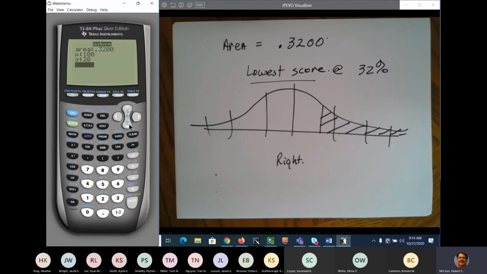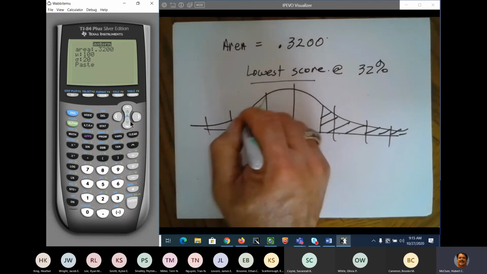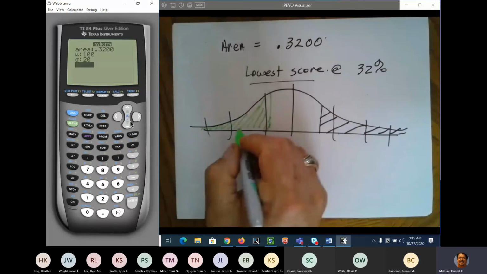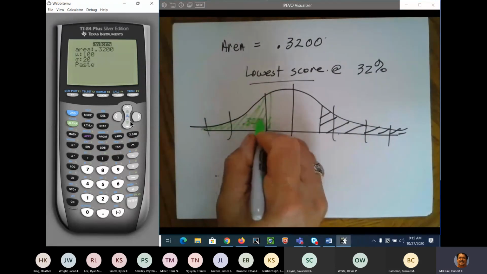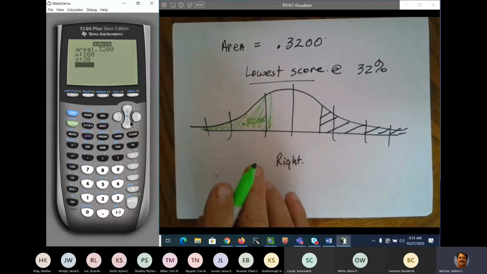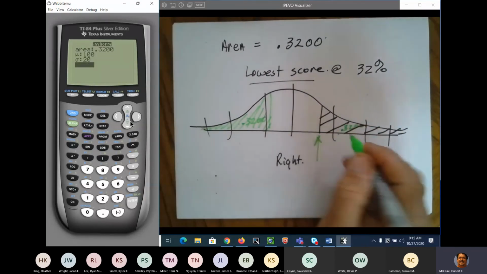See, I have an older calculator, so mine is giving me 32% right here because it reads left to right. On your calculator, if it has a right tail on it, then you are saying I want the 32% to be above the point.